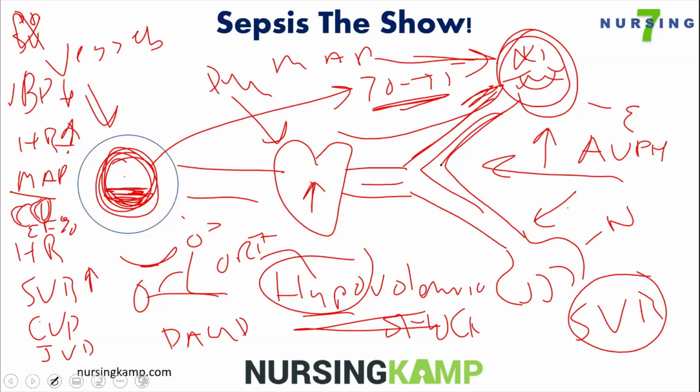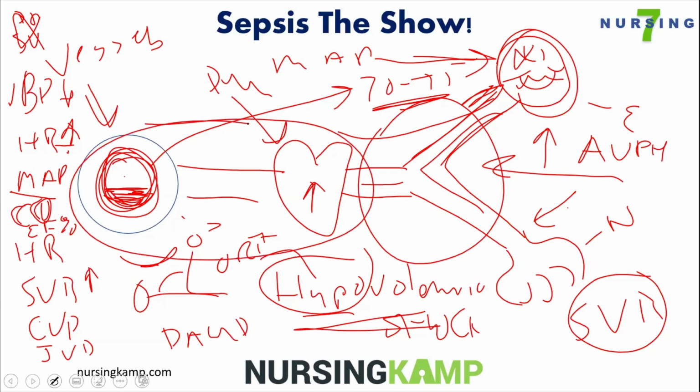Well, the natural mechanism is, well, holy crap, there's not enough volume, so let's vasoconstrict. So SVR, systemic vascular resistance, will start to squeeze. So SVR will start to go up because there's nothing wrong out here. This is a normal mechanism out here to maintain what's going on with this body over here.